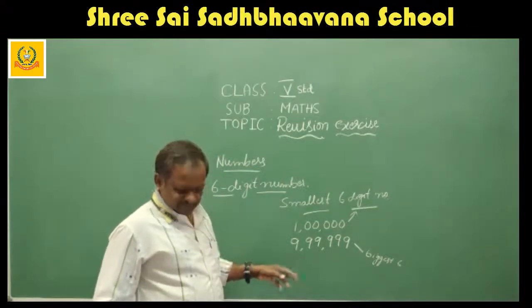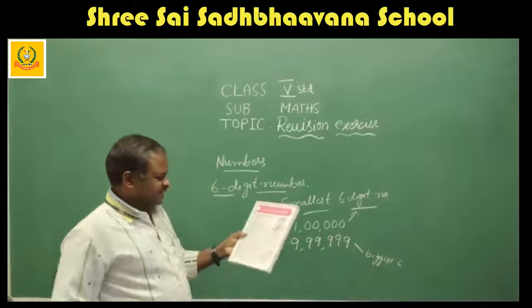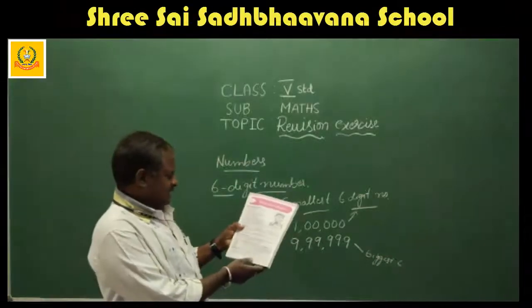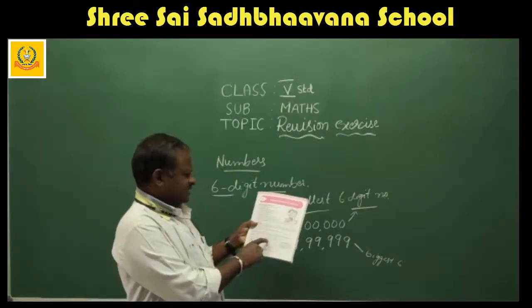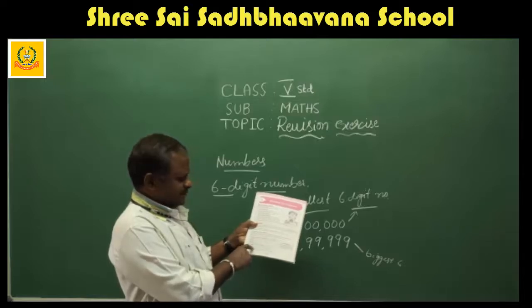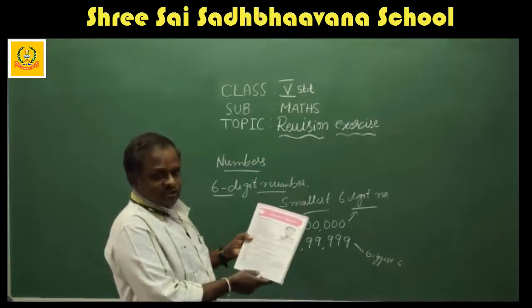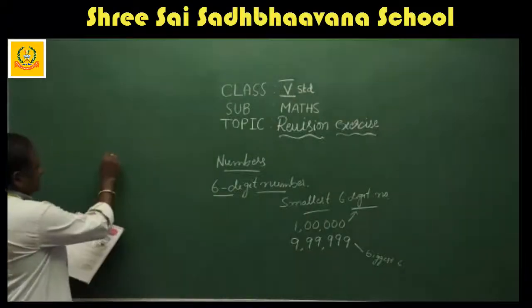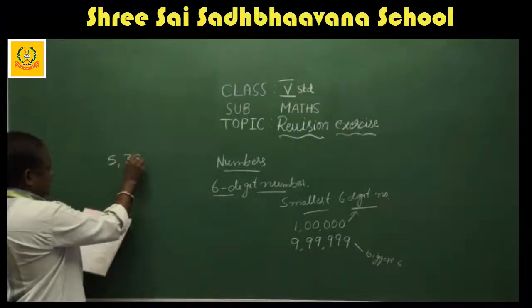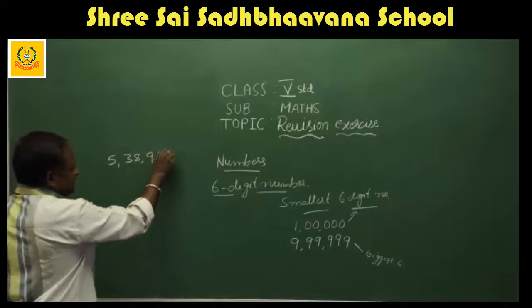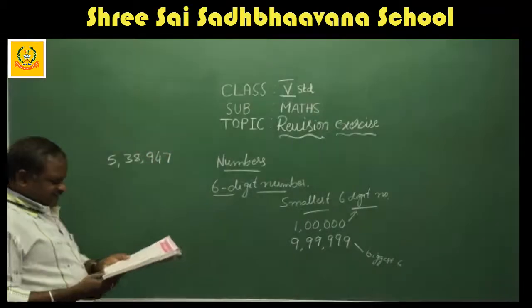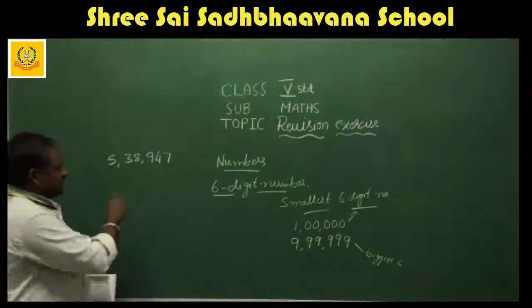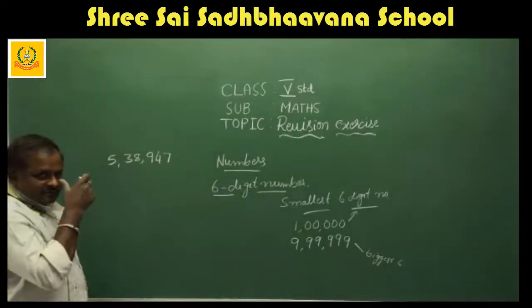I hope you understand. Next, here they have given the period lakhs, thousands, ones, place, number and place value in the textbook. Just go through it. Let us consider the number 5,38,947.